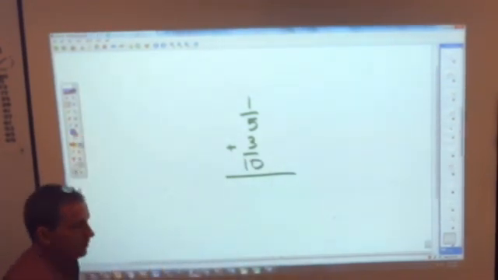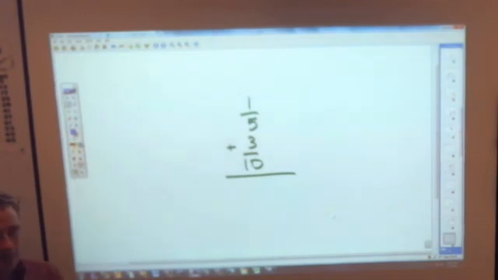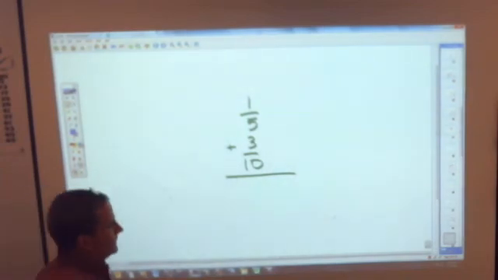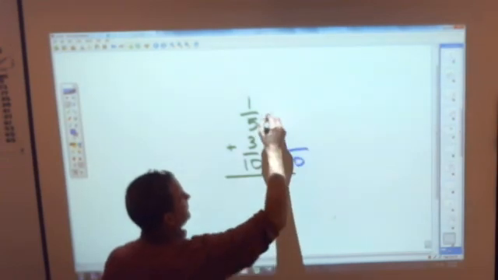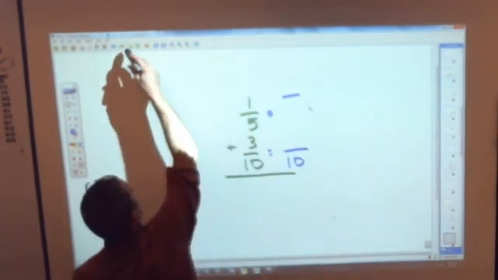Already did step number 1, wrote them up and down. Hardest part about this is finding the common denominator or the least common multiple. If you have 5 and 10, please don't get that mixed up with factors. It's not the greatest common factor, it's the least common multiple. What is the smallest thing that both 5 and 10 will go into? Eddie? A 10. So I'm going to change this so that both of them have bottoms of 10.